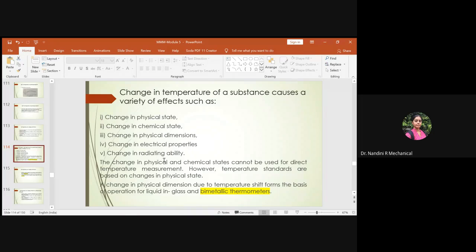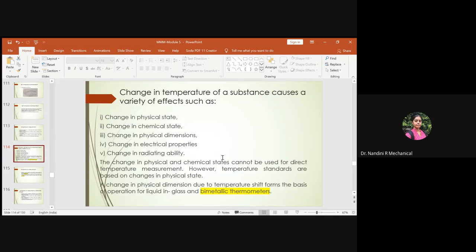The change in physical and chemical states cannot be used for direct temperature measurements. I told you change in physical state and change in chemical state; these two cannot be used for direct temperature measurements. The chemical reaction depends upon the material you are using, the impurities present, and whether it takes place in an inert atmosphere or open air.